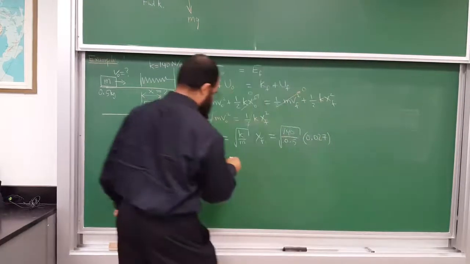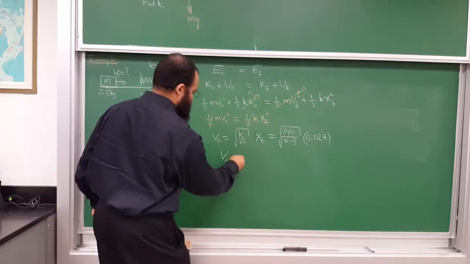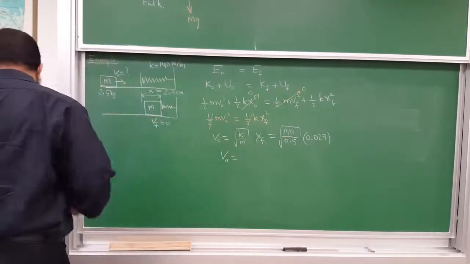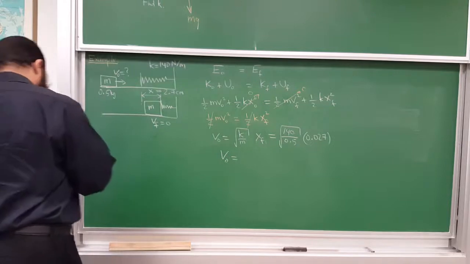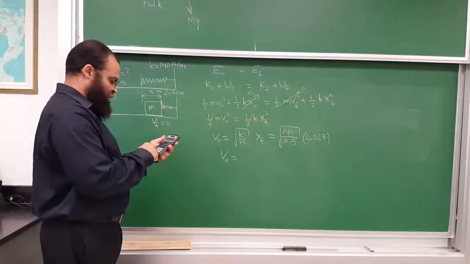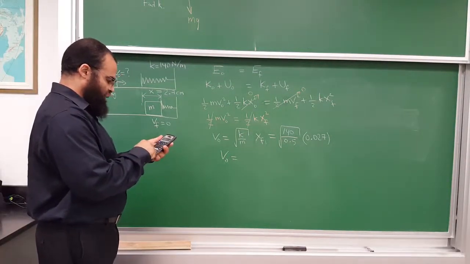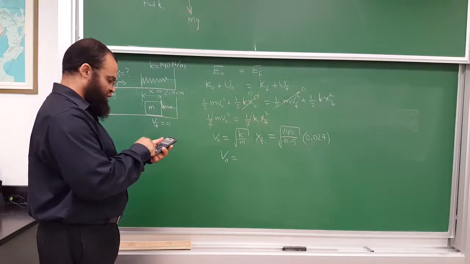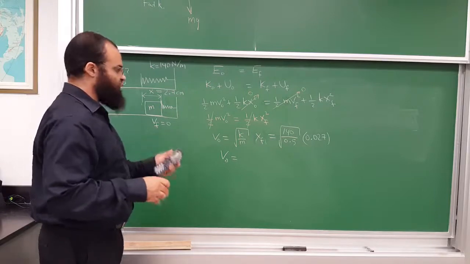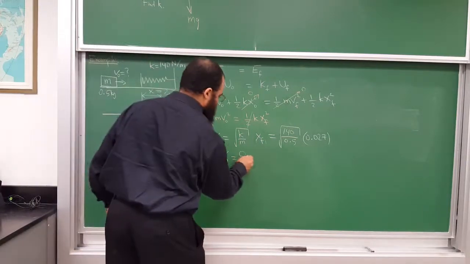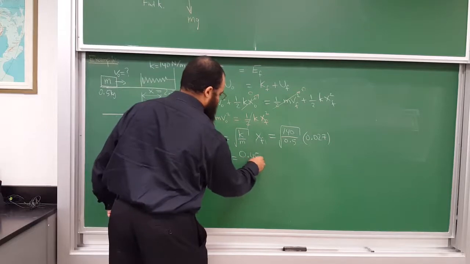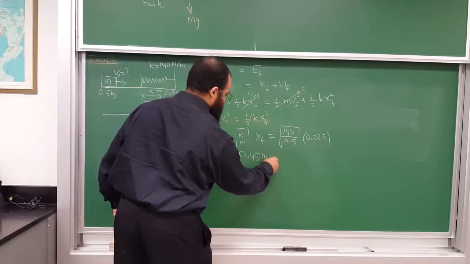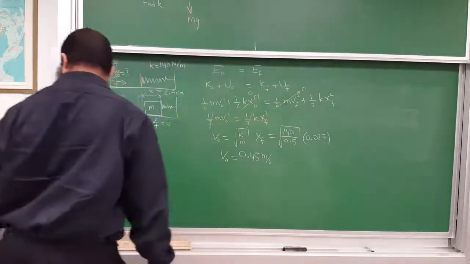And so we get v at the beginning is equal to, we need our calculator here, 140 over 0.5, take the square root of that, and then multiply by 0.027, that gives 0.45 meters per second. Okay.